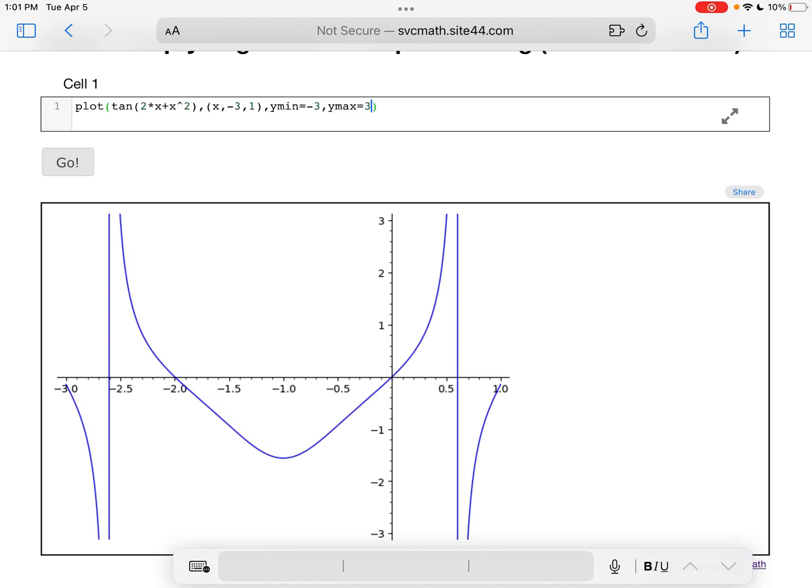I'm going to plot this graph along with a point to see if it really works out. I let p1 equal the graph of that function.